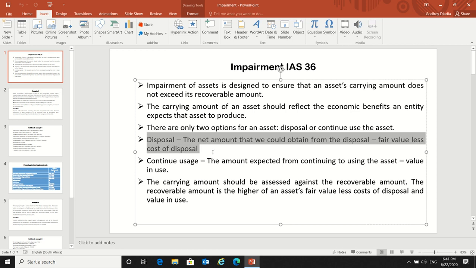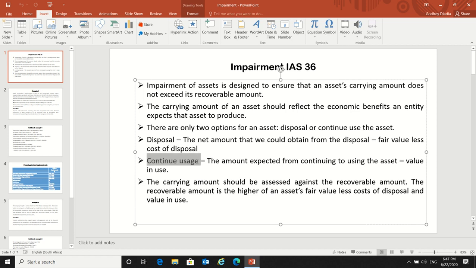Let's say you want to sell a car, you take it to a dealership and the dealership says, okay, we'll sell it on your behalf for 80,000, but we want a commission of 8,000. So you can see that 80,000 is the selling price, but if you have to pay them a commission of 8,000, you are going to remain with 72,000. So your disposal amount is that one of 72,000, right?